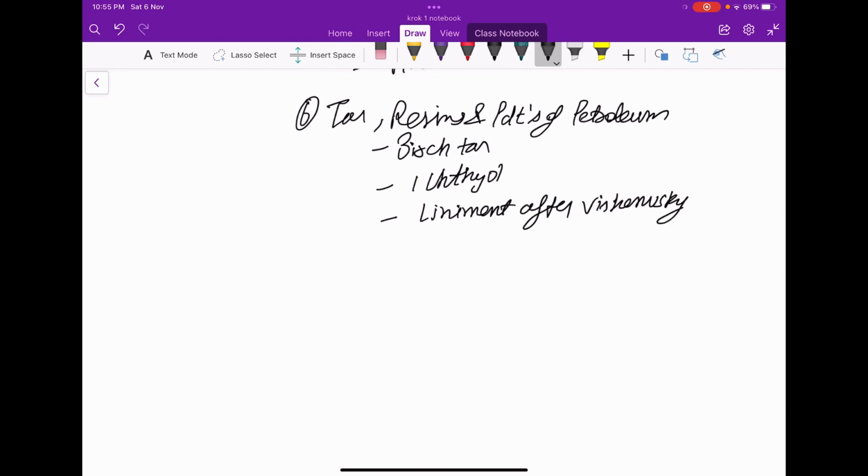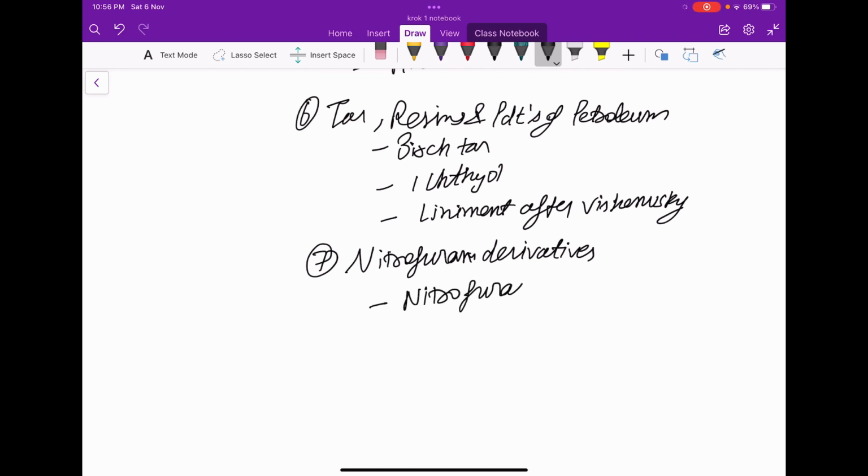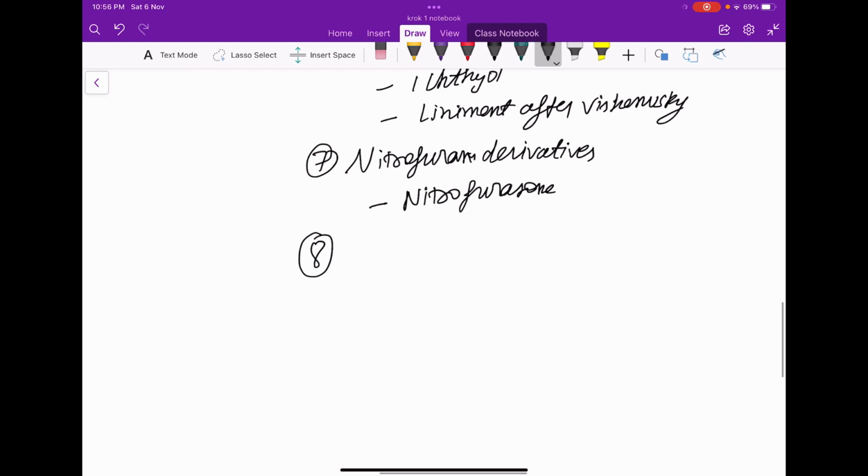Next one is nitrofuran derivatives. It consists of nitrofurazone. Next one is the antiseptics from the medicinal plants.